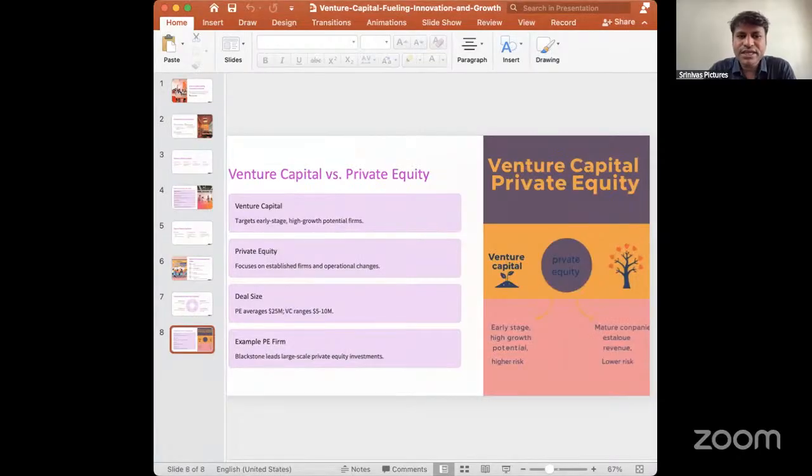However, there are some differences also. Private equity and venture capital buy different types and sizes of companies, invest different amounts of money, and claim different percentages of equity in the companies in which they invest.